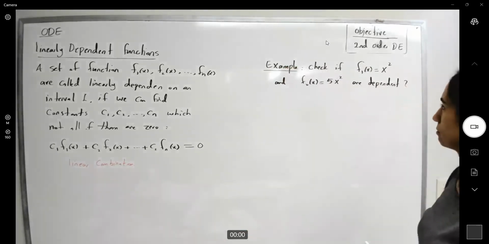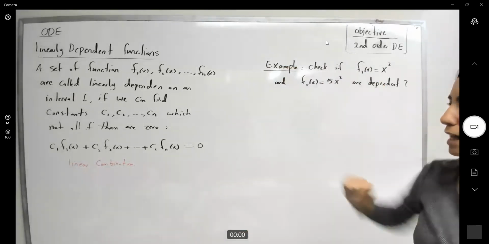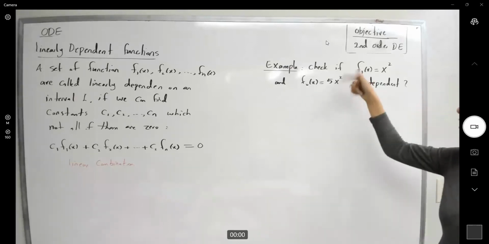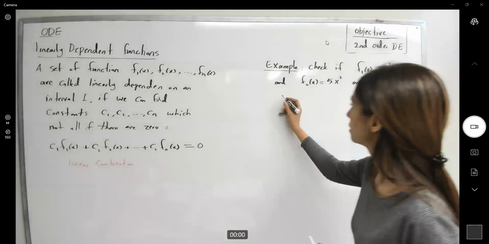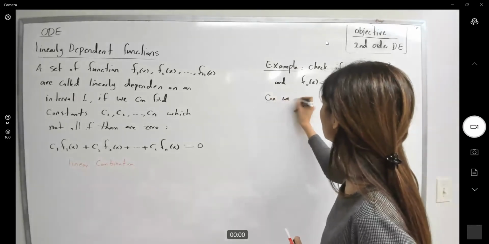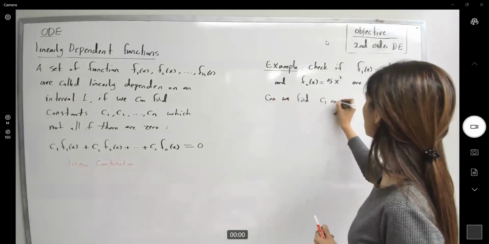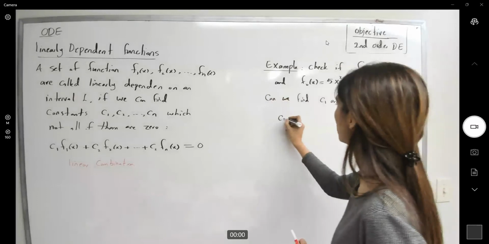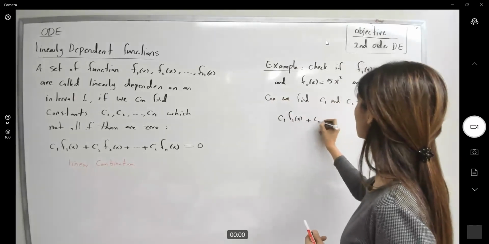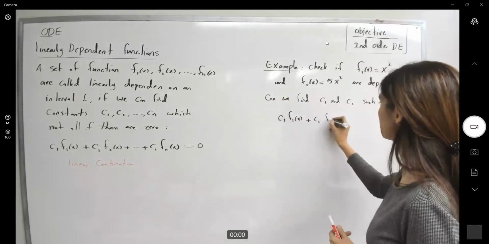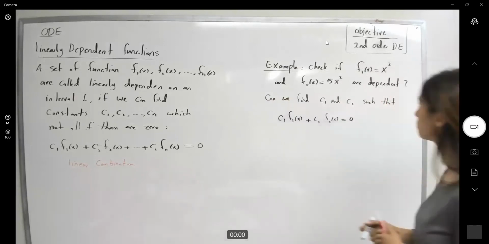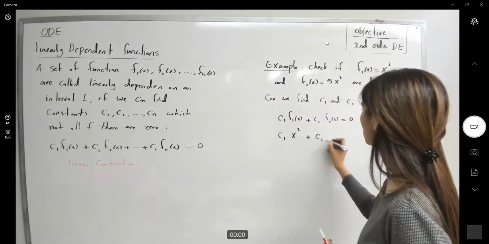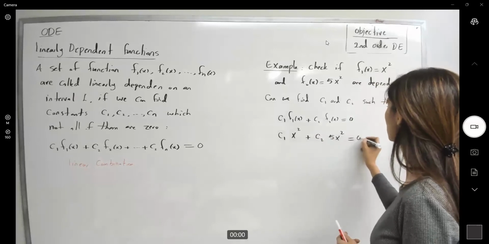So, can we find C1 and C2 such that C1 and C2 are not 0, but the linear combination of these two becomes 0? Can we find C1 and C2 such that C1 f1 plus C2 f2 becomes 0, while C1 times x squared plus C2 times 5x squared is equal to 0.